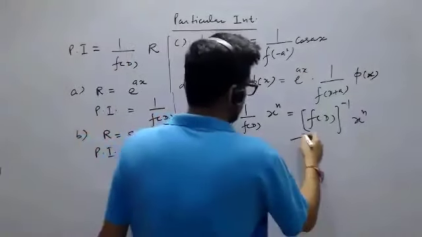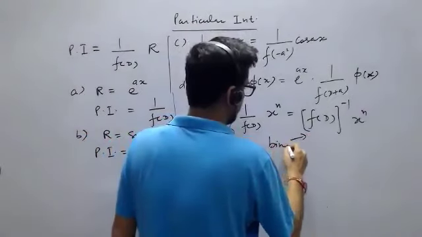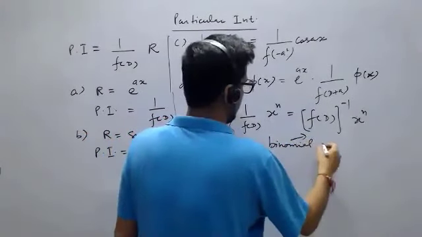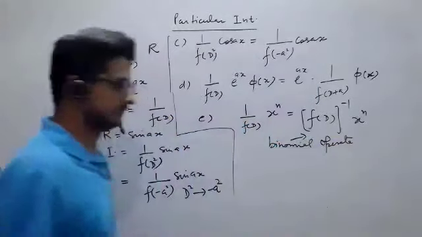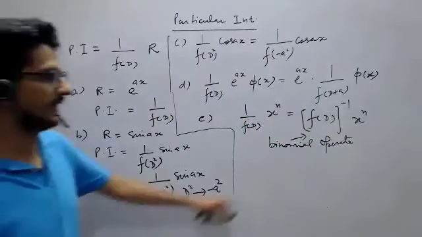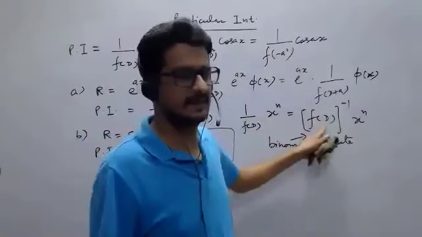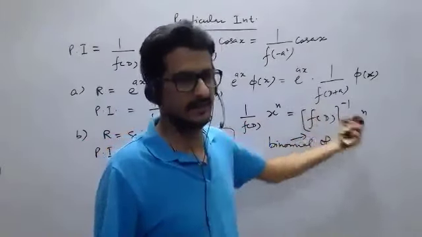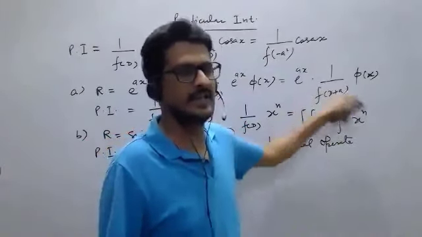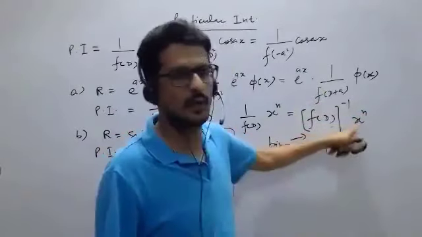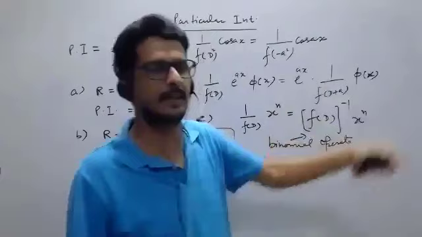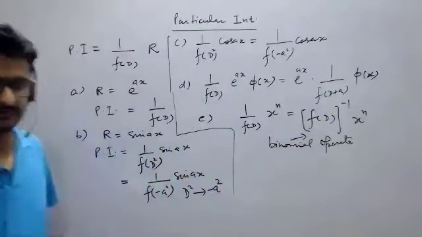Suppose, for example, using binomial you open it, and it comes as 1 plus D square, so I will multiply it with each and every term. If D is multiplied by this, that means a single derivative. If D square is multiplied by this, that means a double derivative.